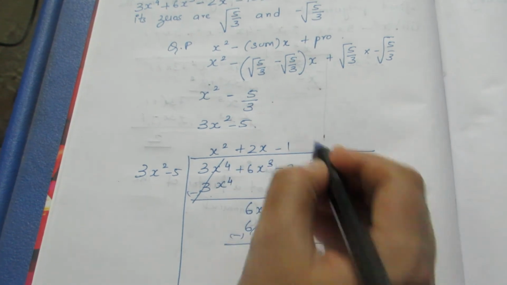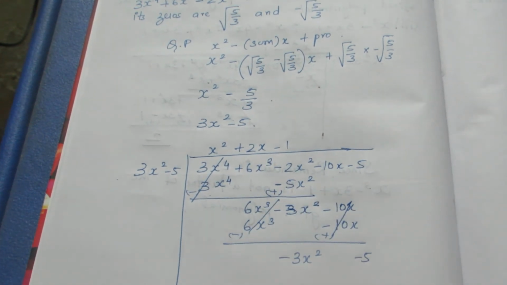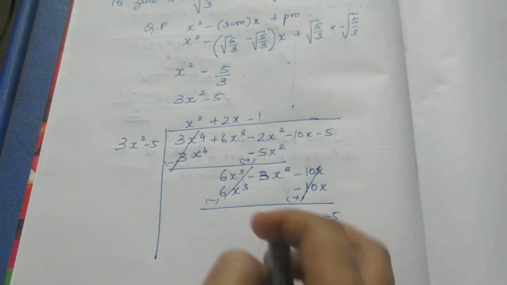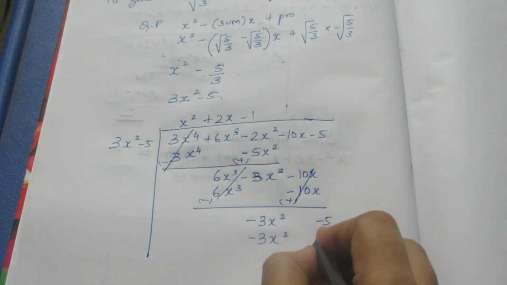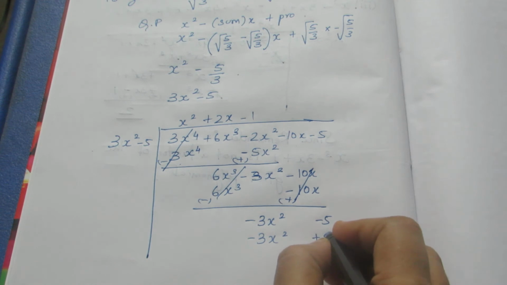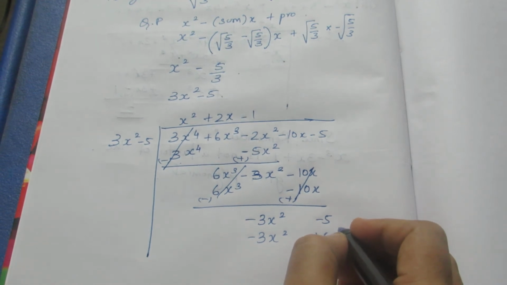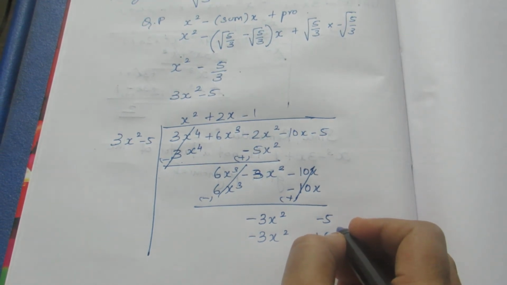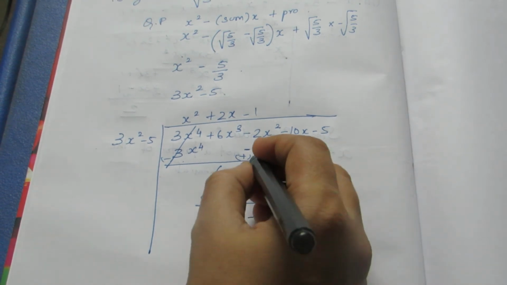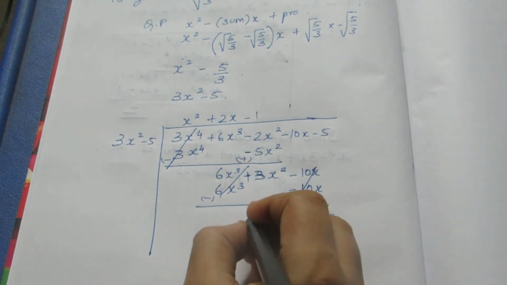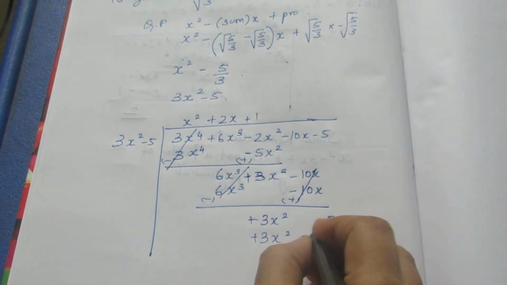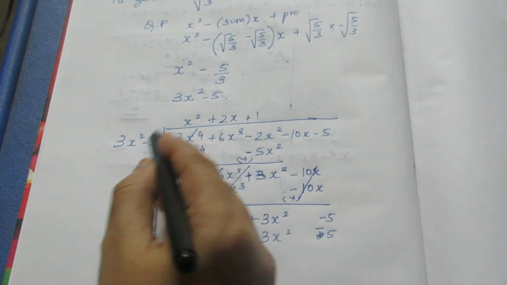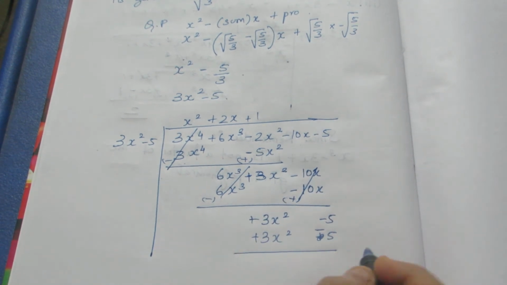If I multiply this with minus 1, I get minus 3x square. Minus into minus will become plus 5. Minus into plus will become minus, so change the sign.